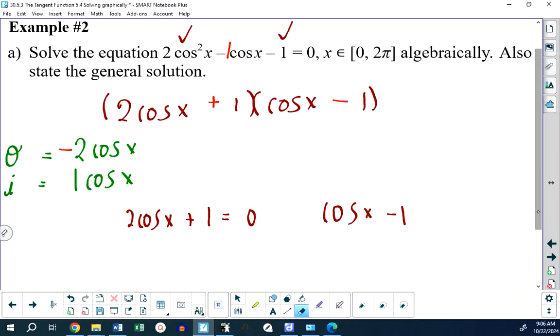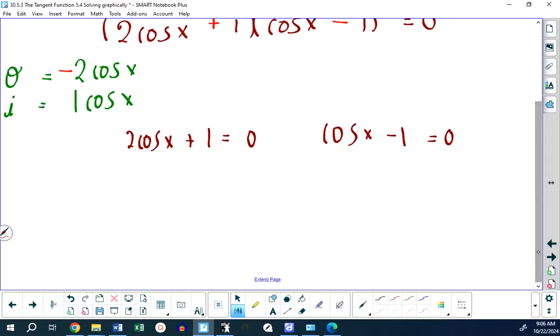I don't believe I took off any marks for that, but a marker in Edmonton when you write your diploma exam might not be so kind. You really should put equal 0 for these. So we solve this. You end up rearranging this for cos of x and getting negative 1/2. You rearrange this for cos of x and you get 1.